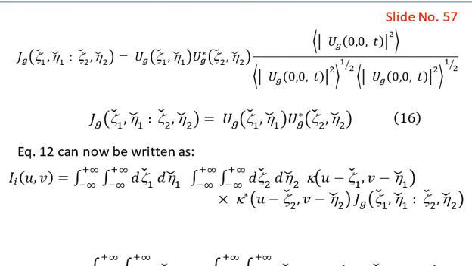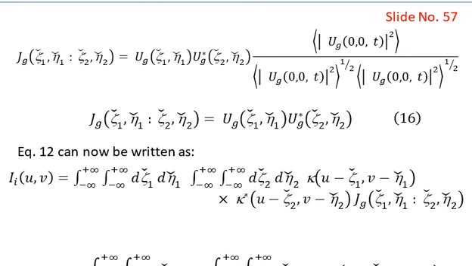And you know that when we were writing down the polychromatic case, we also wrote them as independent of time, and there we explained why we are writing them. That is why we were writing the amplitude transfer function or amplitude point spread function independent of time, even for the narrow band polychromatic light source.